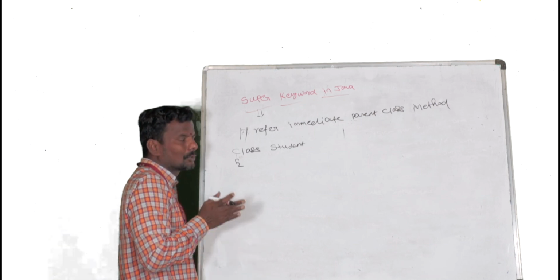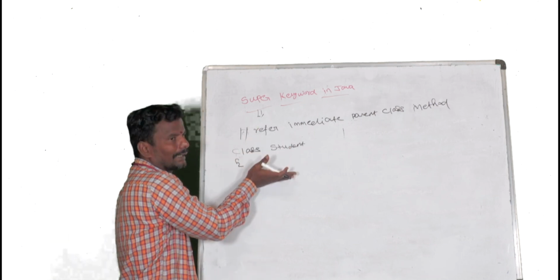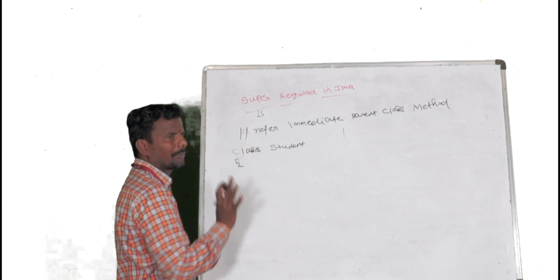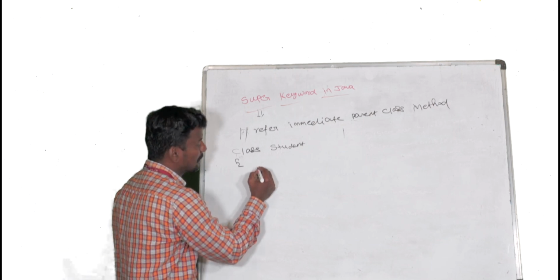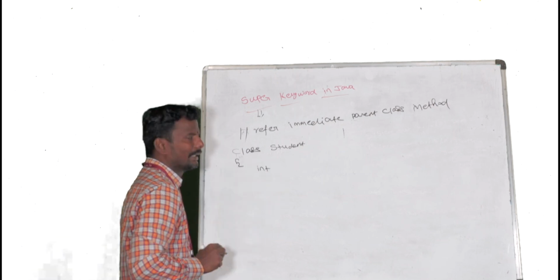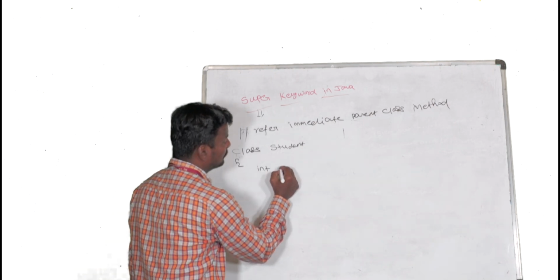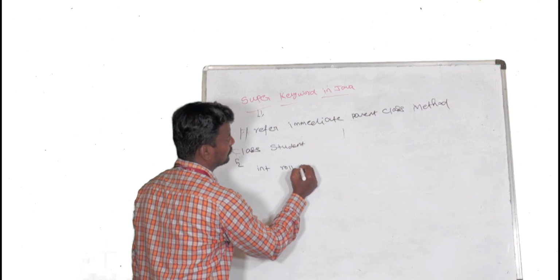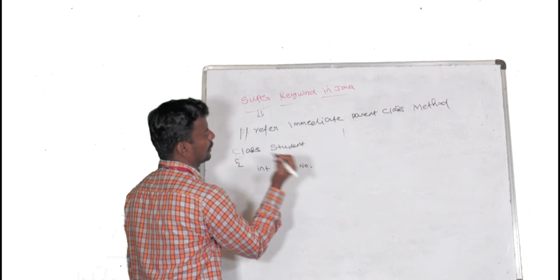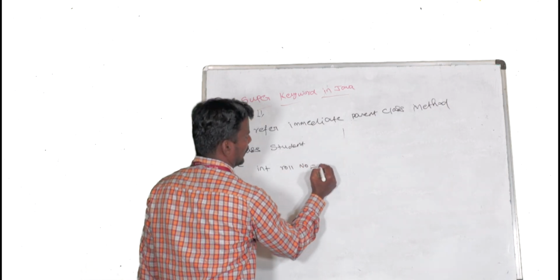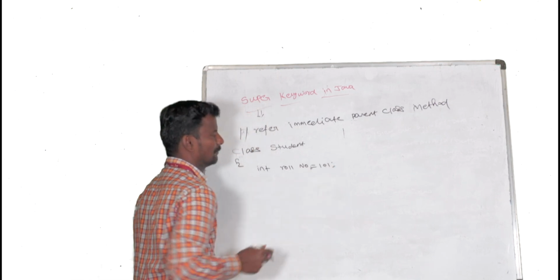Any variable declared below the class and above any method is known as an instance variable. Now we declare one instance variable, int rollNumber, and initialize a value for that variable.